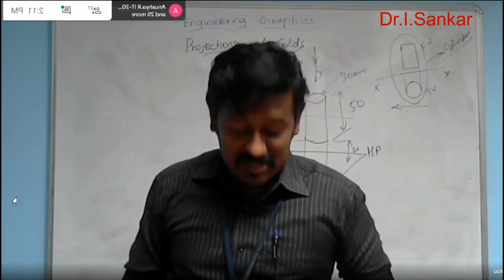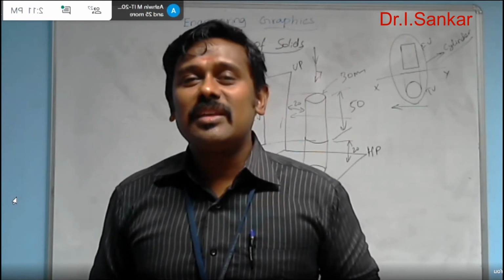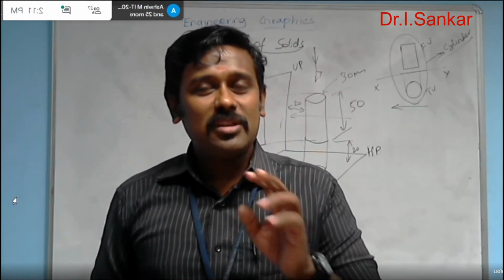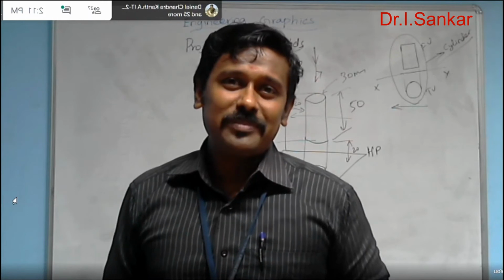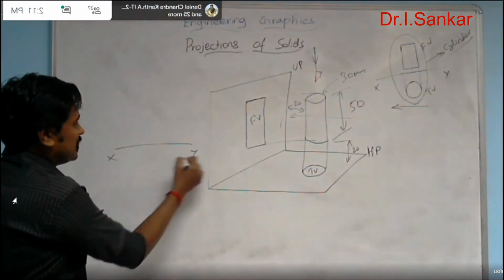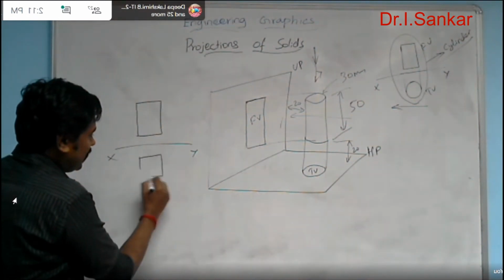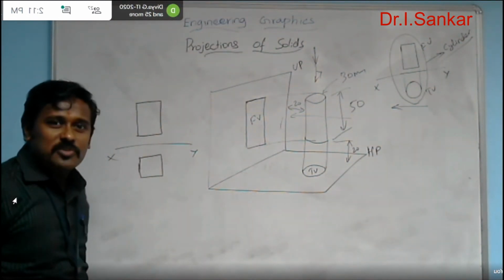Engineering graphics, engineering drawing is actually a language of engineers. Why are we calling it the language of engineers? Because only engineers are able to understand this language. If you ask anyone who has not yet studied engineering graphics to read these front and top views and name the object, they can't.